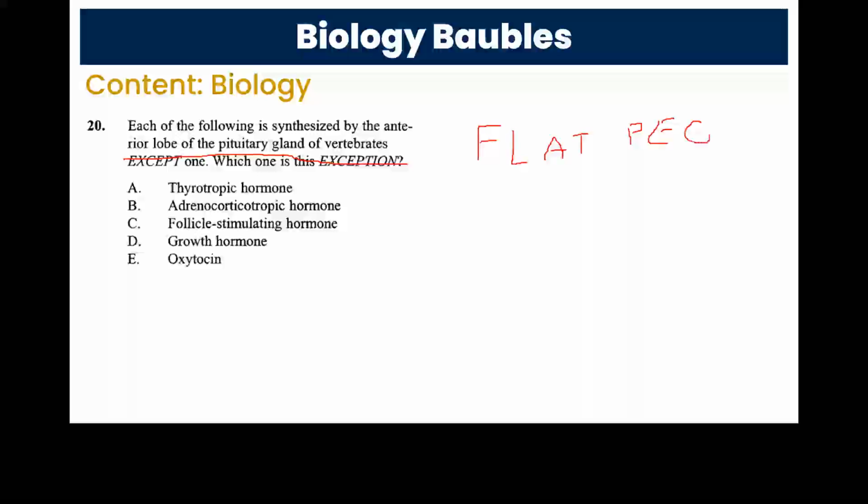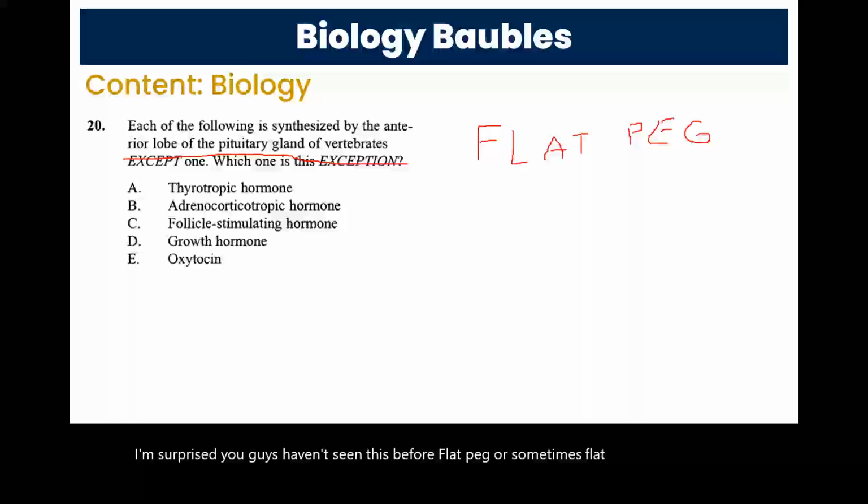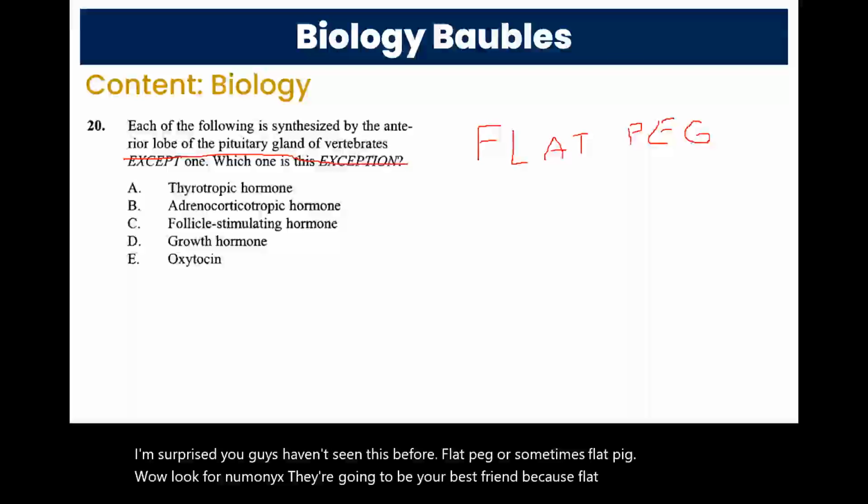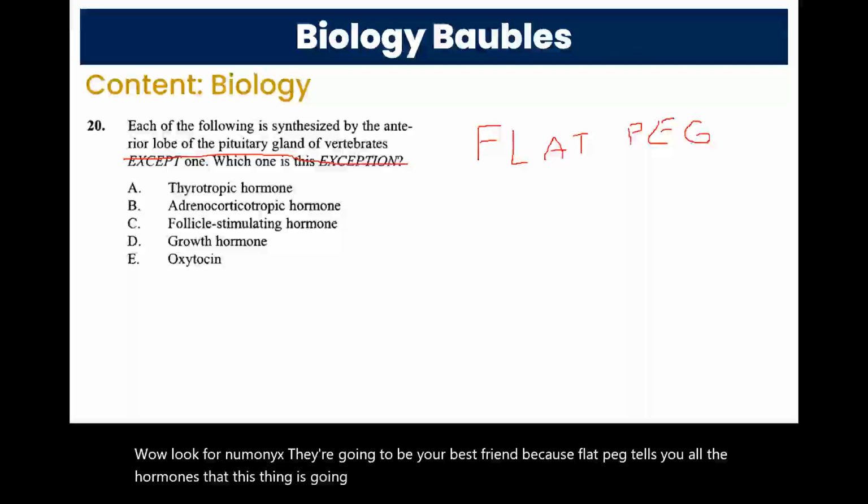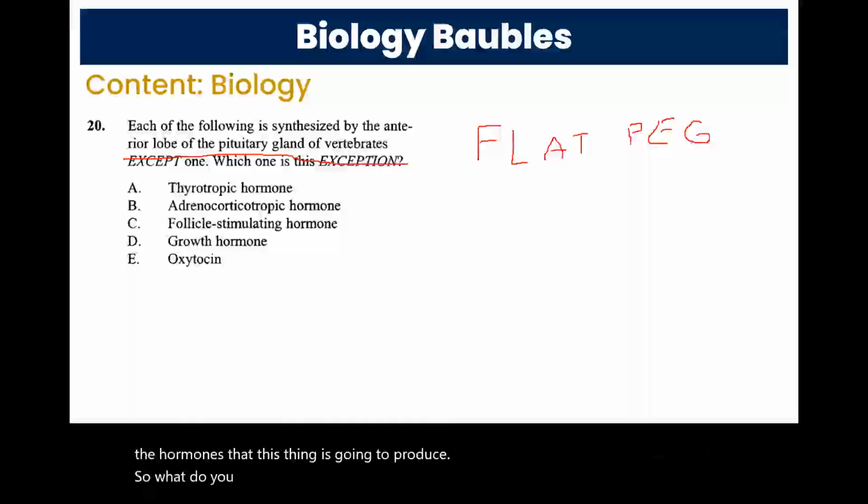I'm surprised you guys haven't seen this before. FLAT PEG, or sometimes FLAT PIG. Wow, okay. Well, look for mnemonics. They're gonna be your best friend because FLAT PEG tells you all the hormones that this thing is going to produce. So what do you think of C, follicle stimulating hormone?